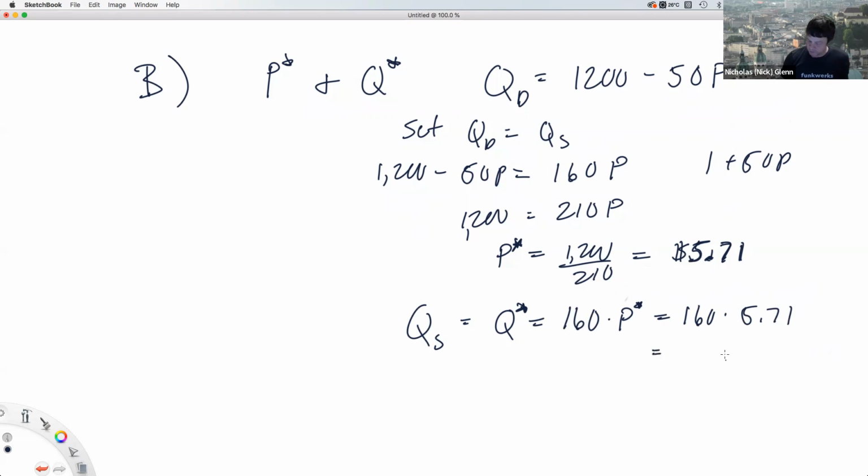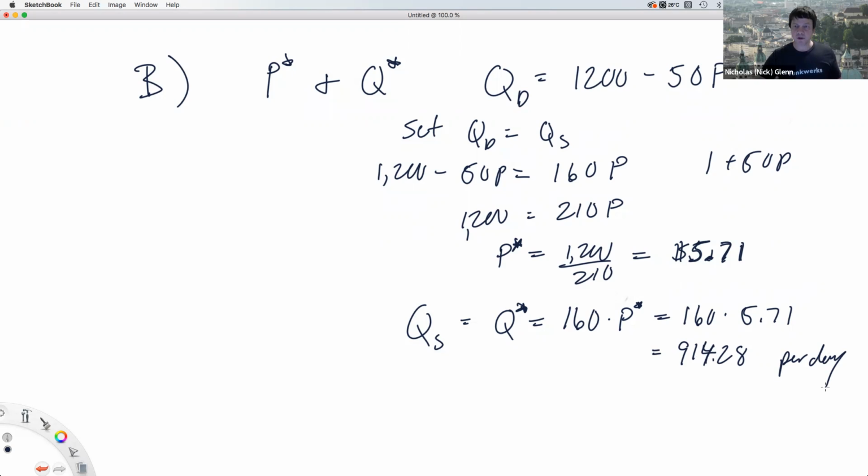And what will this give you? 914.28. Okay. So this is how many bubble teas will be produced a day. Think of this in terms of each day being produced. So in the city of Cleveland, there's on average 914 bubble teas served every day.